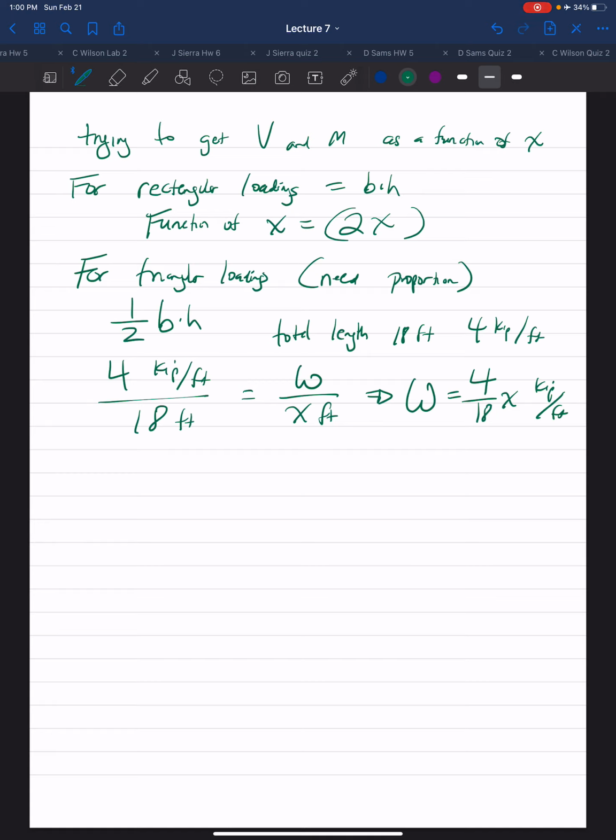So with that being said, let's look at our free body diagram of the left segment. Taking into account our roller support reaction, 30 kilopounds, which we've already solved.